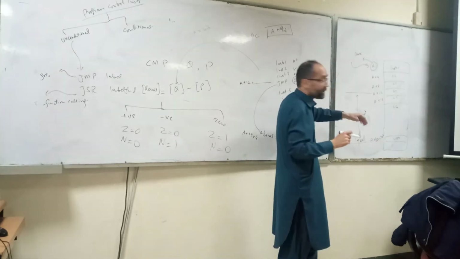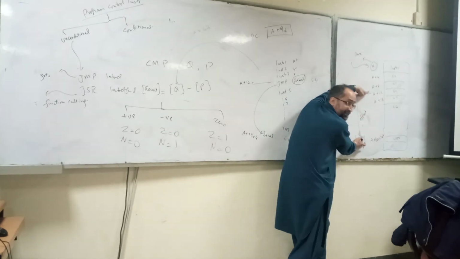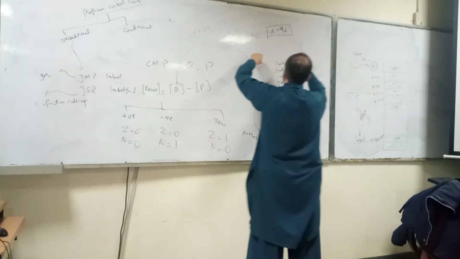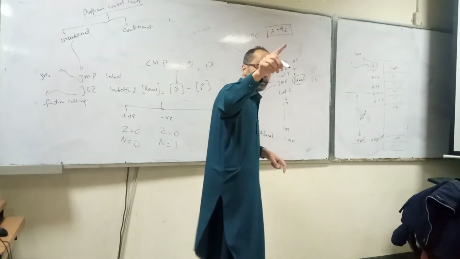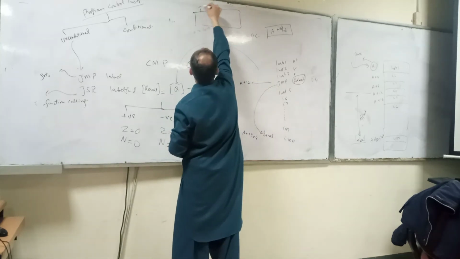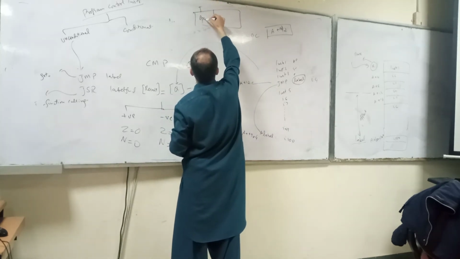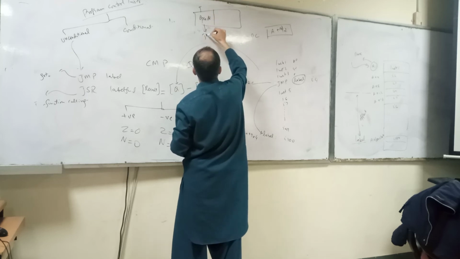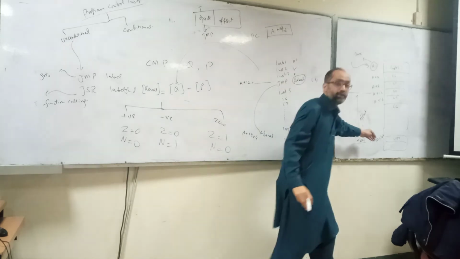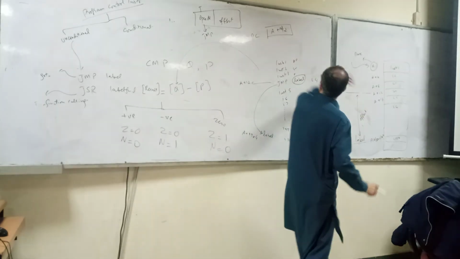So what will the assembler do? The assembler will calculate the difference of this label and this label. If you look at the instruction set encoding, this is a J type instruction, the output is jump, and it has the offset field.